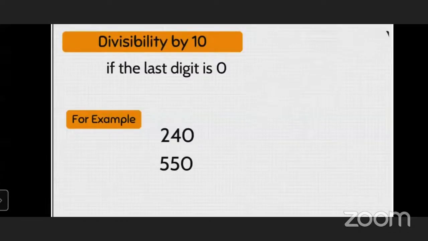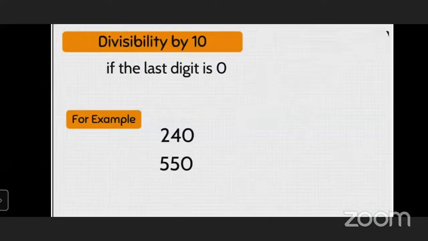Now tell me, 450. Listen carefully. Is it divisible by 2? 450. Yes, sir. Okay. Is it divisible by 3?